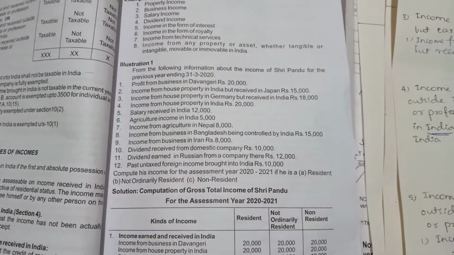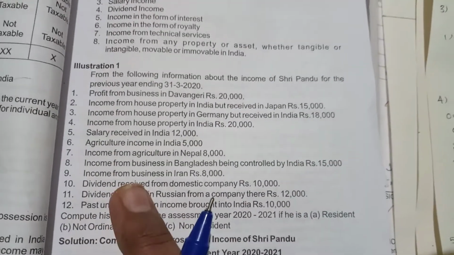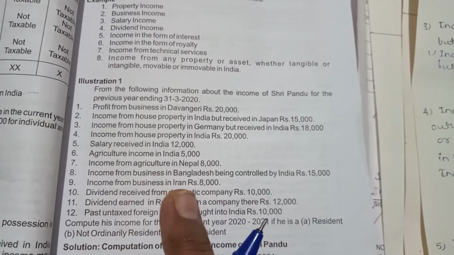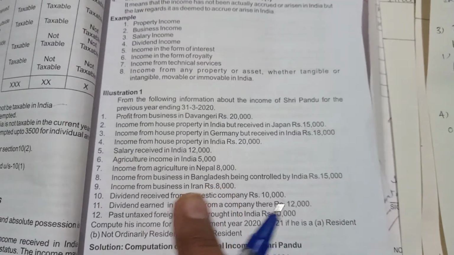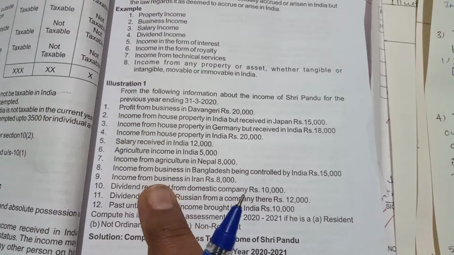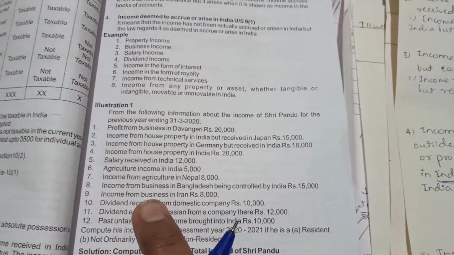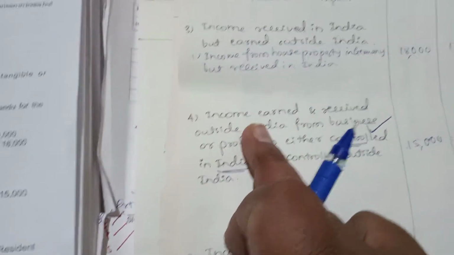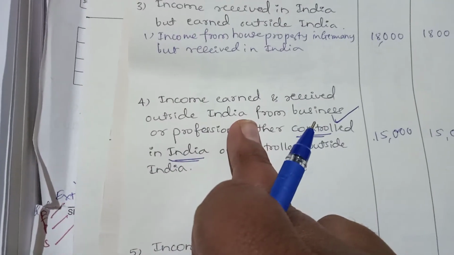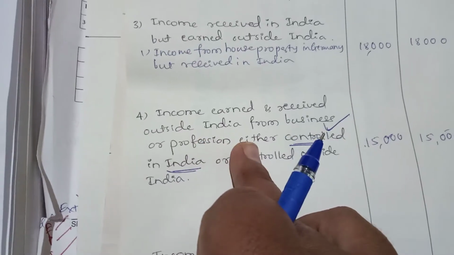Okay, next, what is the next amount? Income from business in Iran. So when you go through the information, it is the source of income received and earned outside India, because Iran is outside India, from business or the profession.